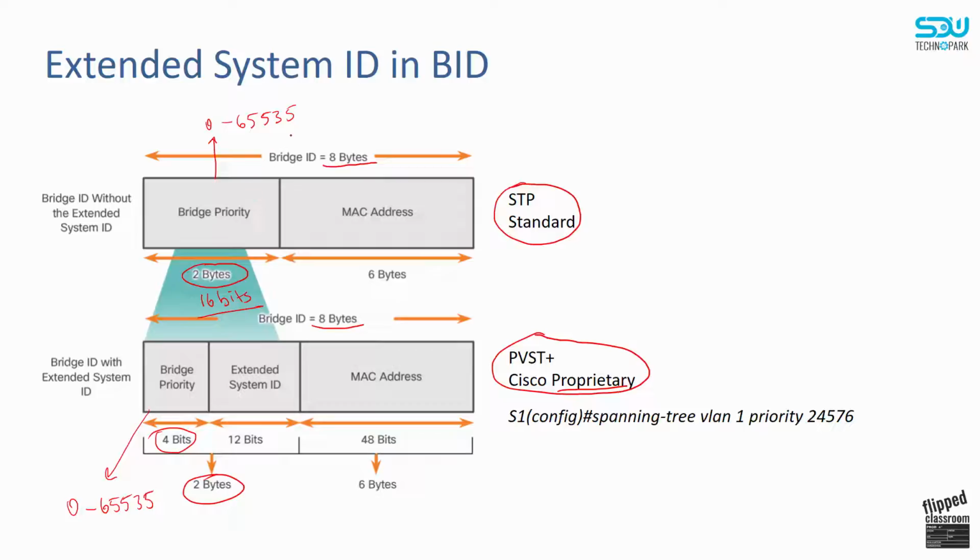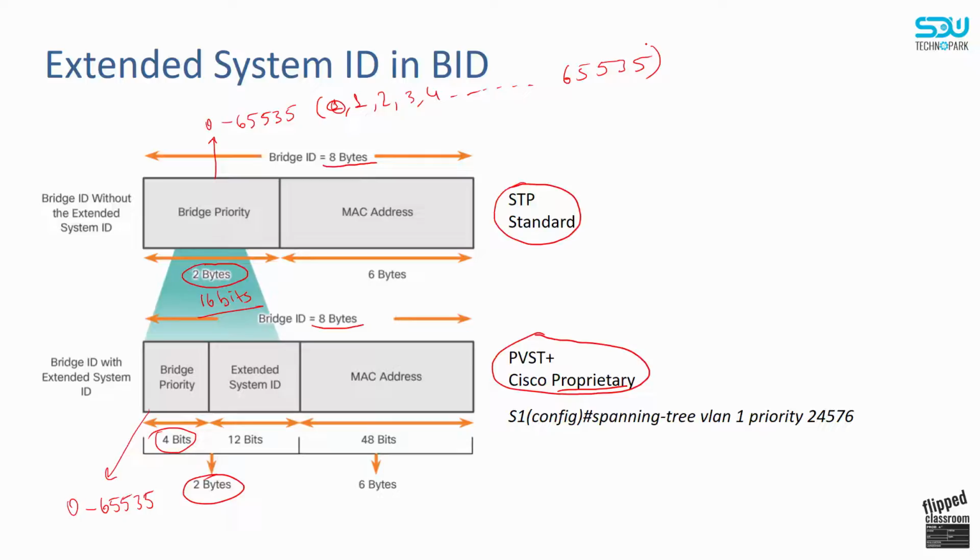Well, in STP we are able to configure bridge priority values like 0, you can provide 1, 2, 3, and 4, and so on, up to the 65535 value. You can just provide these configurations.